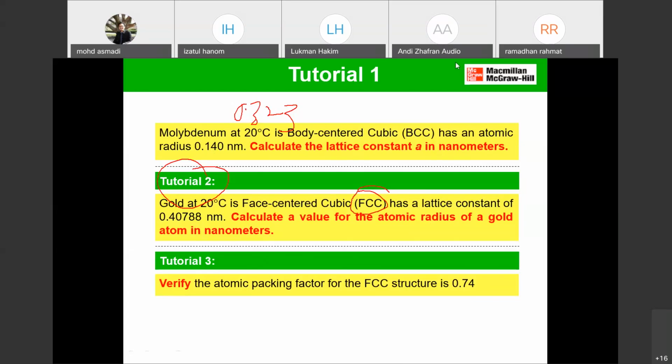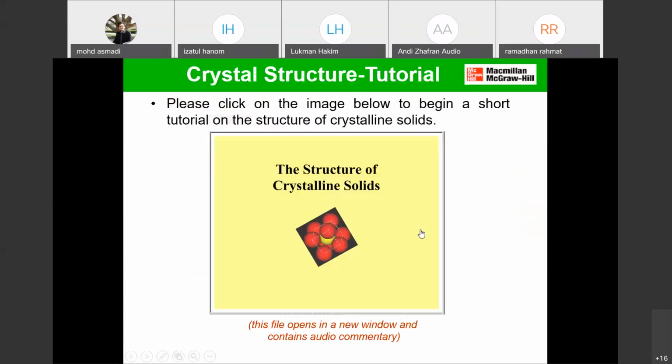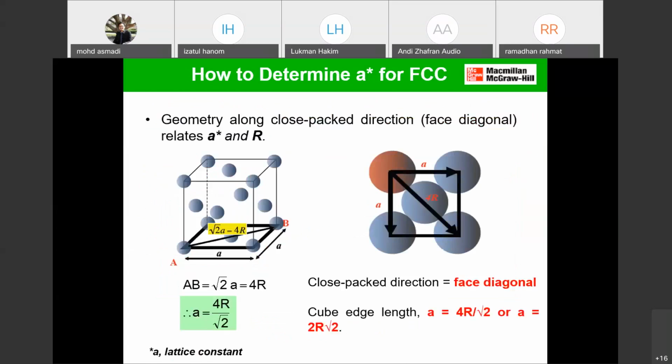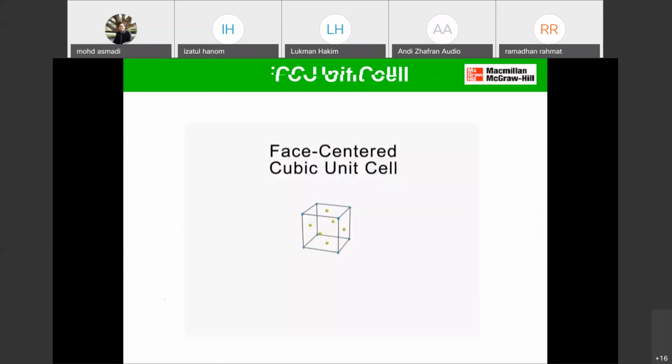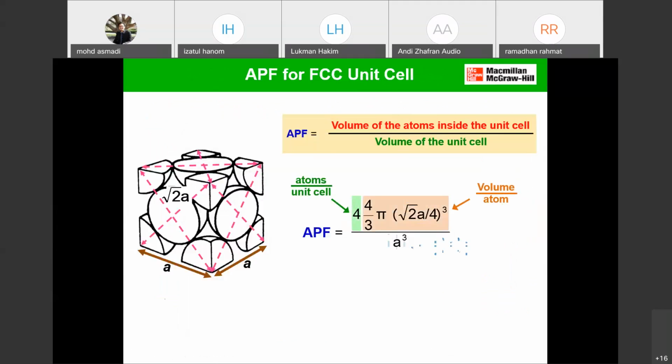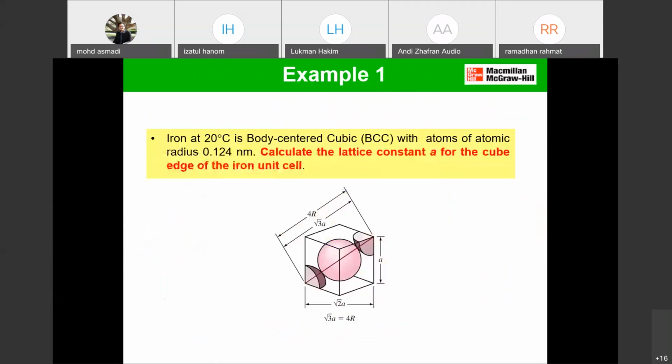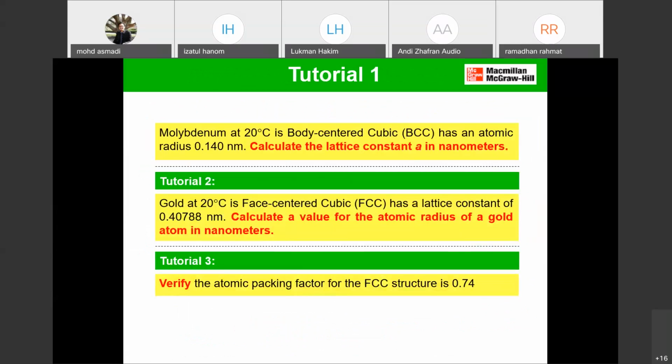If you look here, this one is FCC. The relationship is A equal to 4R divided by square root 2. So just substitute the radius, and give me the answer for the tutorial.